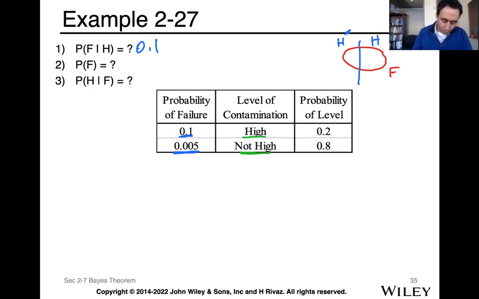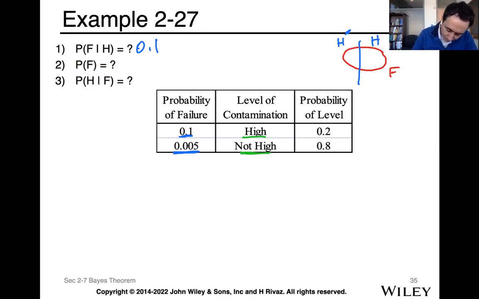So to calculate probability of failure, we already did this, but it's always good to review. Probability of failure is equal to this part plus this part. I already calculated the first part. Now I'm going to answer the second question.